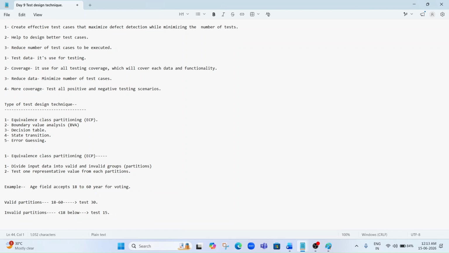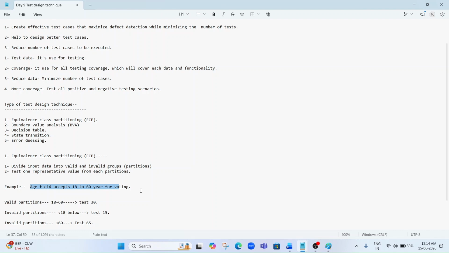Then again, you will test invalid: greater than 60. In that condition, they test age 65. They input age 65 to see whether he or she is able to vote in this government application.